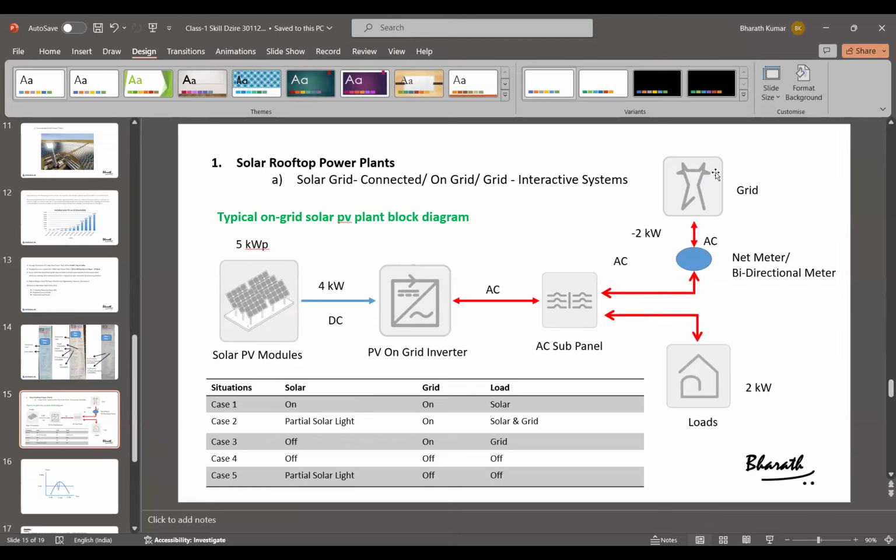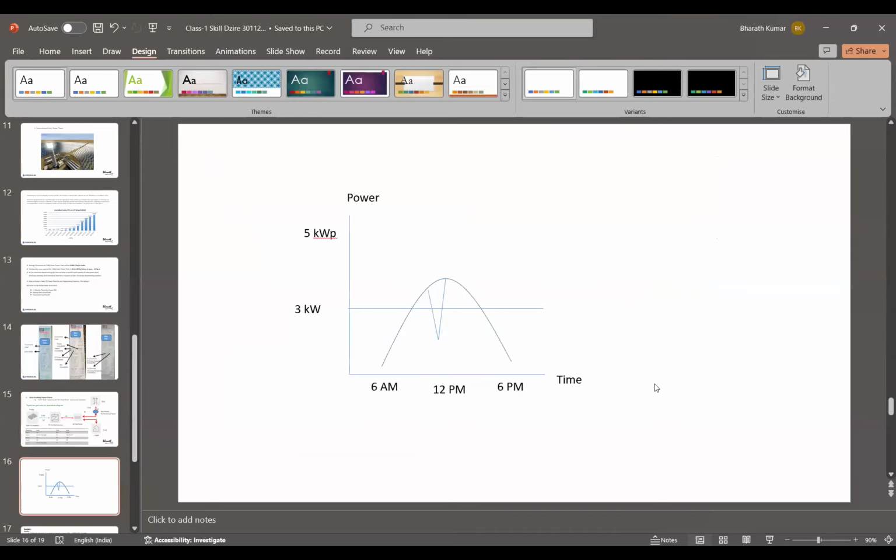But if your solar power plant feeds power to that grid, they can get hurt, right? So that is the safety reason. Suppose somebody says I will put one changeover here, and if the grid fails I will break the line here, so then I can use only my house. But that is also not possible. Why? Because of this reason.